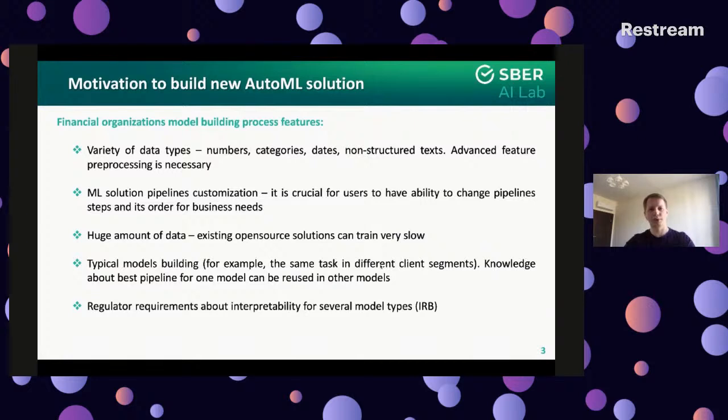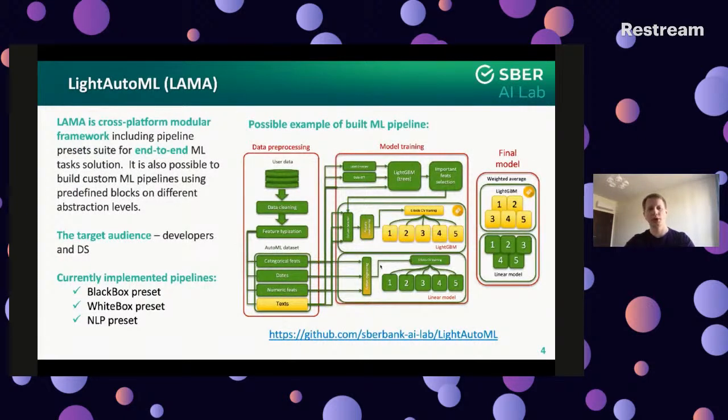So to deal with these specifics, we created LightAutoML. It is a cross-platform modular framework. Cross-platform means you can install it on every operating system you have, so it could be Mac OS, it could be Unix, it could be Windows, and so on.